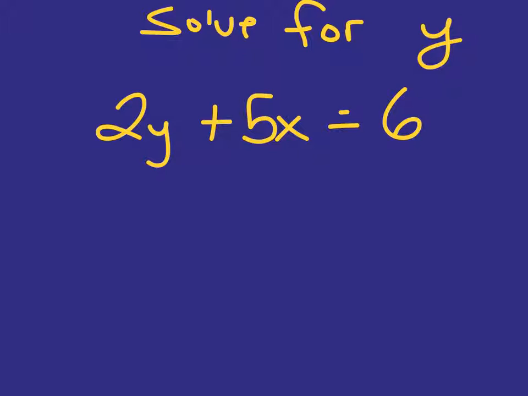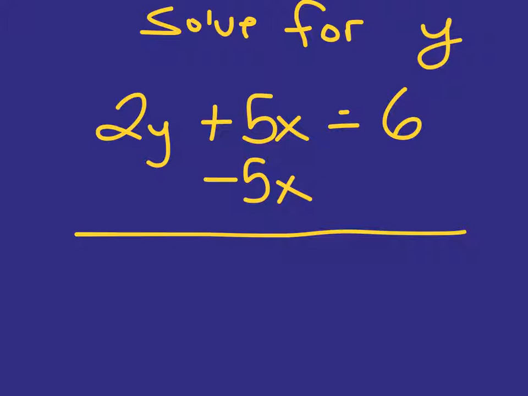So to do that, I'm going to get rid of my addition or subtraction first by using the inverse operation, and that's going to be subtracting 5x. Since my whole goal is to isolate y, I need to move everything else away from y. It wants to be a loner. I'm going to subtract 5x from both sides.